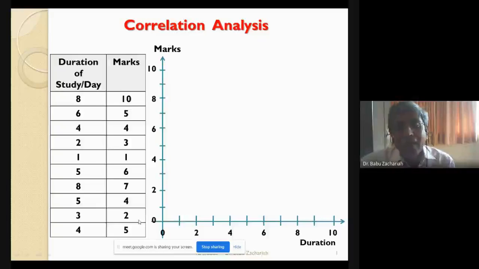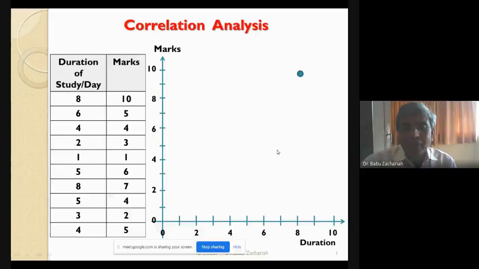I have put one variable on the y-axis, that is marks, and the other variable on the x-axis, that is duration of study. So for the first student, he studies 8 hours a day and got 10 marks. So 8 hours, 10 marks, here I have to put a dot.